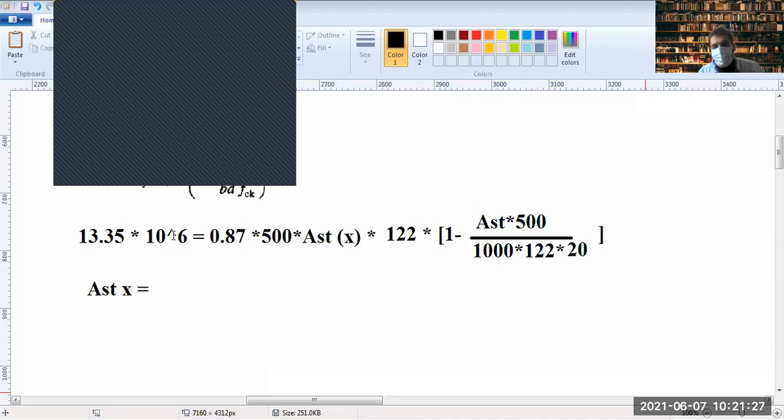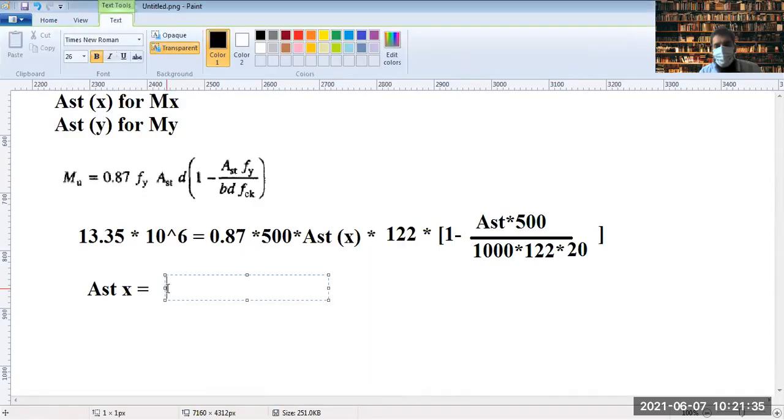I'm getting 251.56. It will not be this much. You will always have two values of this. Second value, what is it? This is the value I'm getting.